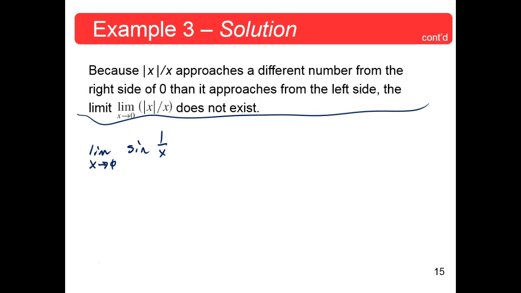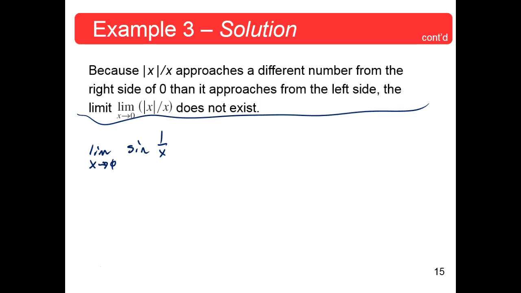In fact, as it approaches 0 from the left-hand side, it goes extraordinarily negative. As it approaches 0 from the right-hand side, it goes way, way positive with no limit in sight. So how in the world can sine? What does sine do? It just oscillates between +1 and -1.